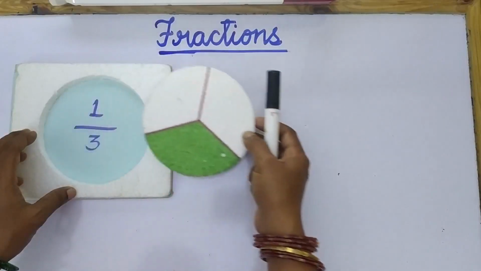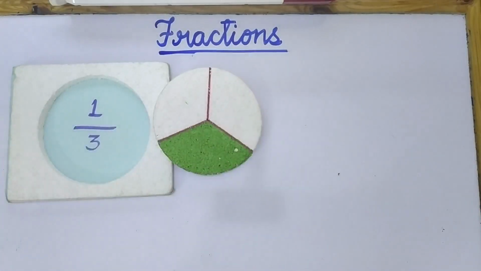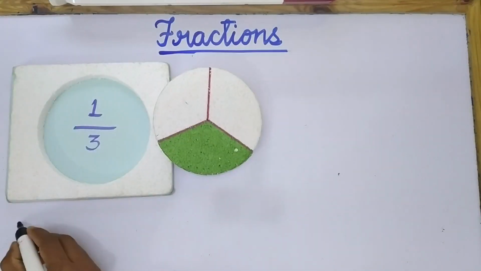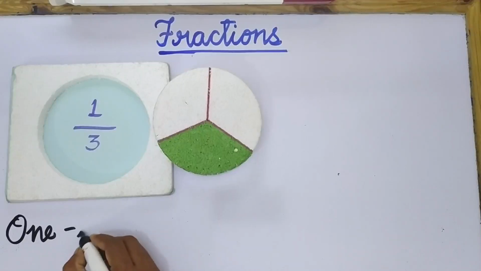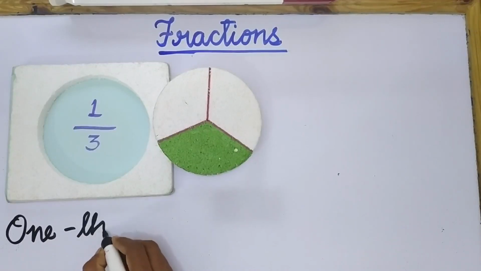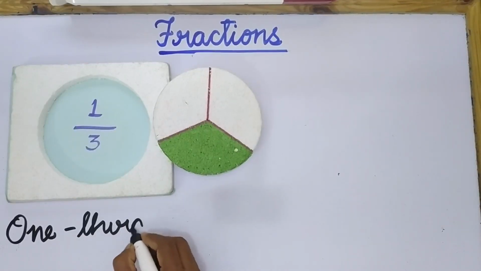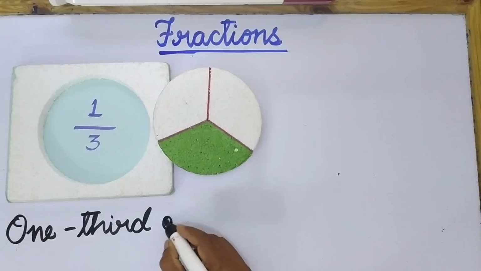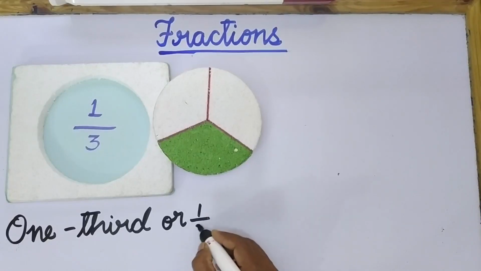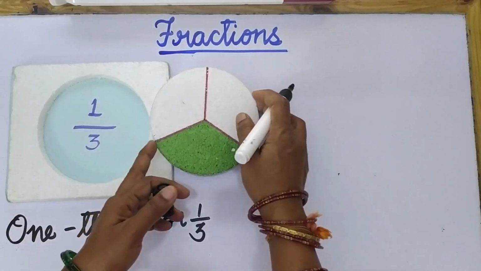It will be written as 1 by 3, or it is mentioned as 1/3. We will write it in the fractional form 1 by 3.